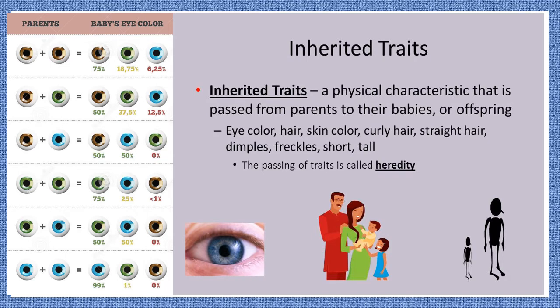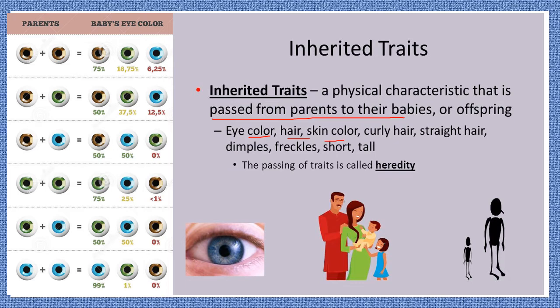Now it will be easy for us to define inherited traits and heredity. Inherited traits means the physical characteristics that are passed from parents to their babies. Okay, that is inherited traits. For example, color of eyes, color of hair, color of skin, these are characteristics that are passed by parents to the next generation.